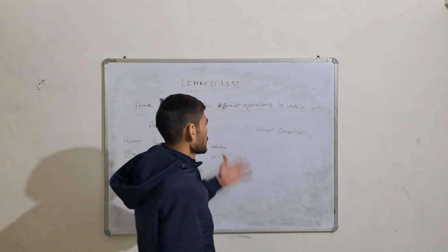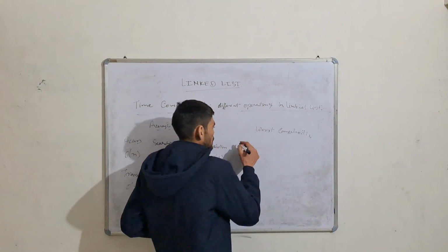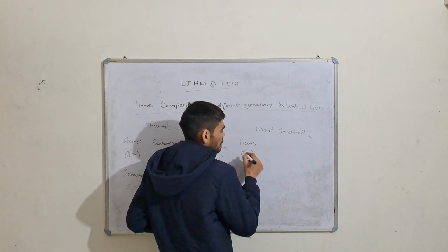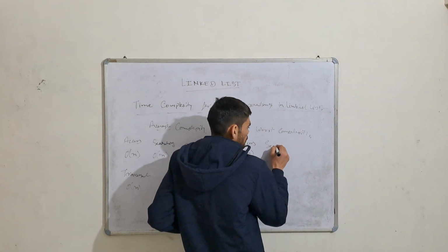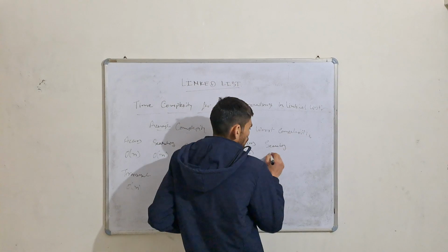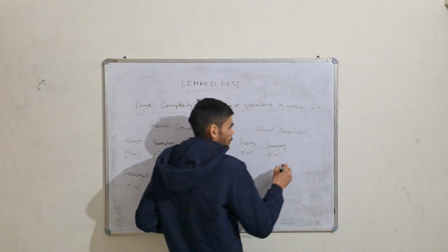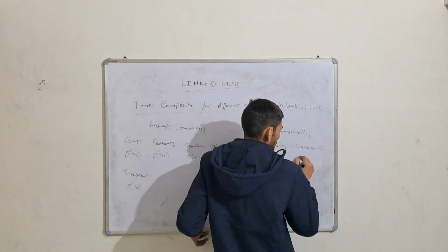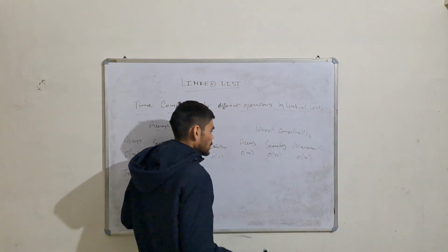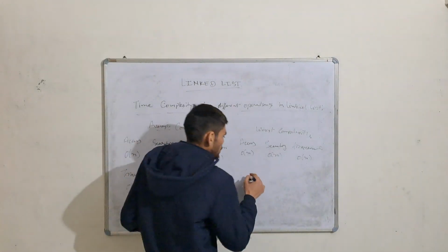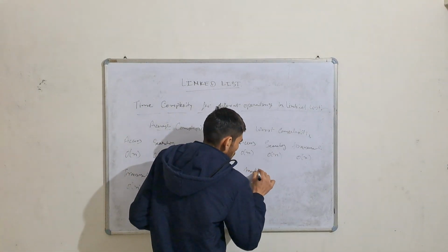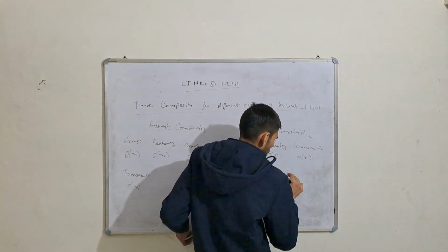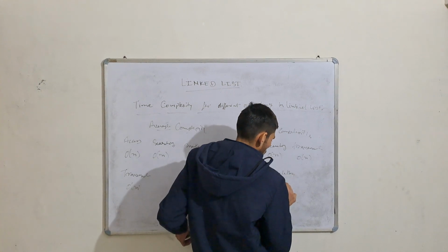And in worst complexity, for accessing the element it's big O of n, for searching it's big O of n, for traversal it's big O of n, for insertion it's big O of 1, and for deletion it's big O of 1.